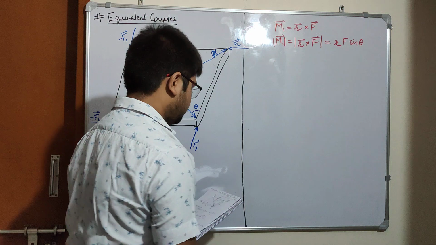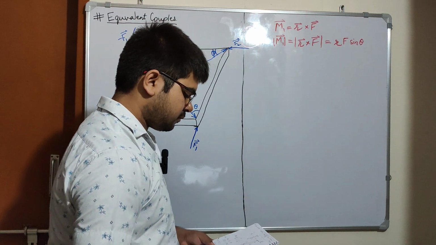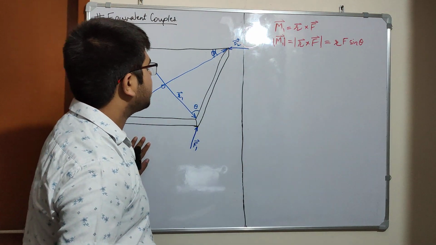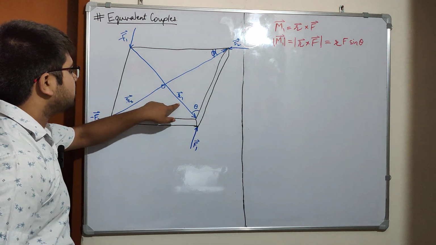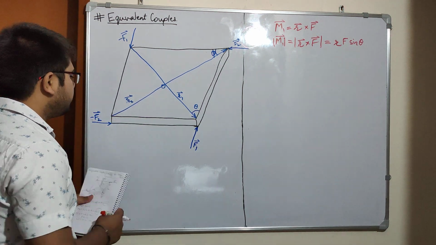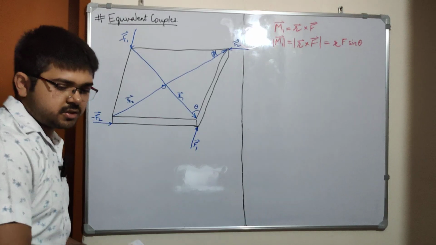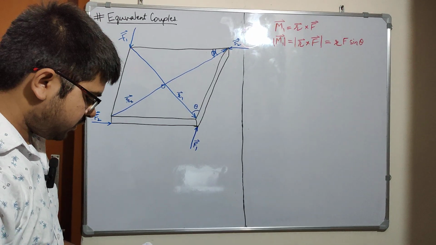And r sine theta, if we see here, is actually this distance. So this distance I'll mark with d.